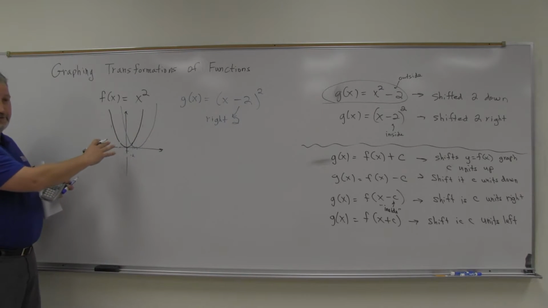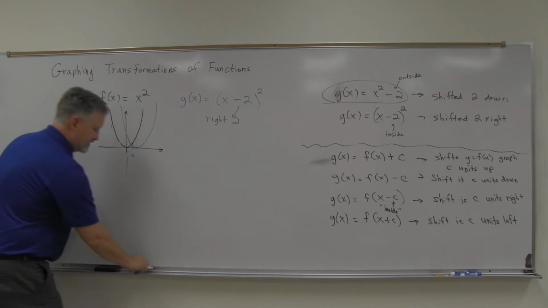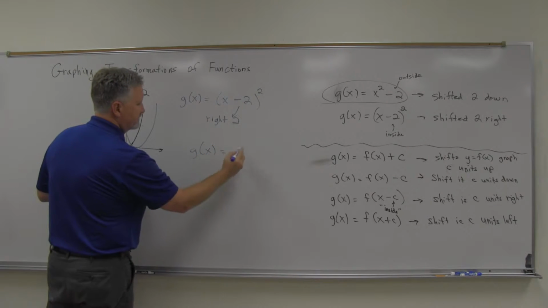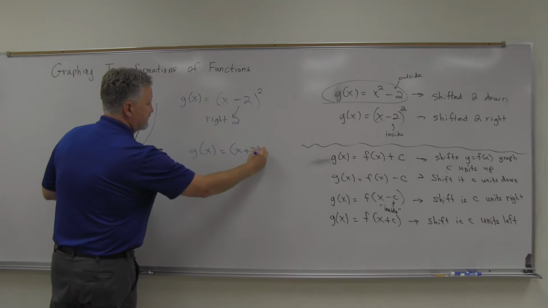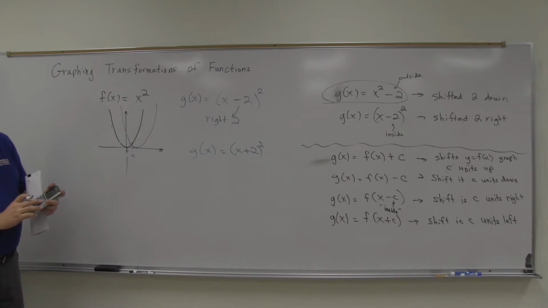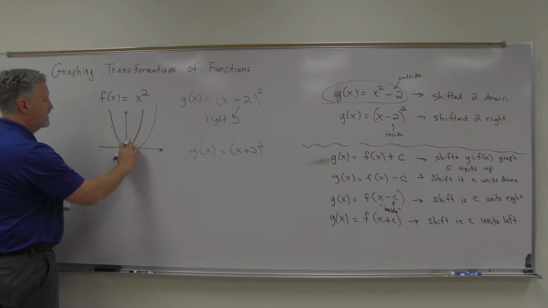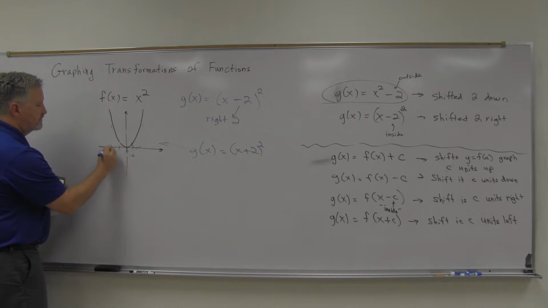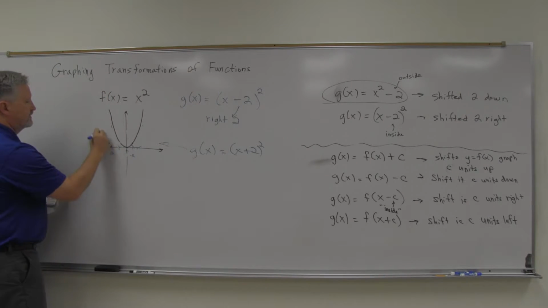Let's go back to this one and verify, if we've got g of x equals x plus 2 squared. So I'm graphing it here. Sure enough, the x plus 2 squared graph shows up here at negative 2.